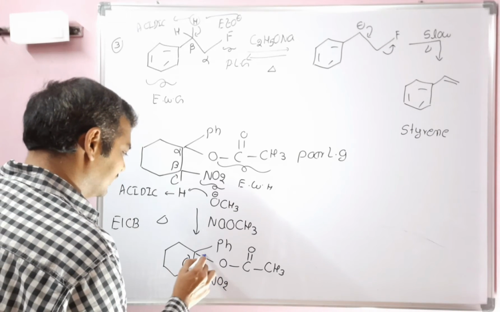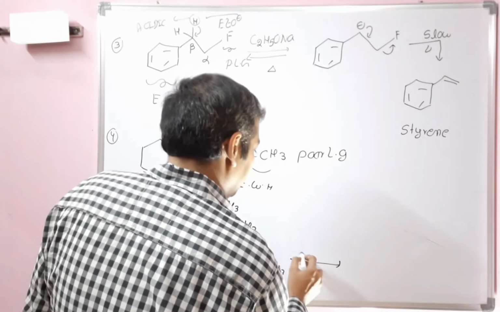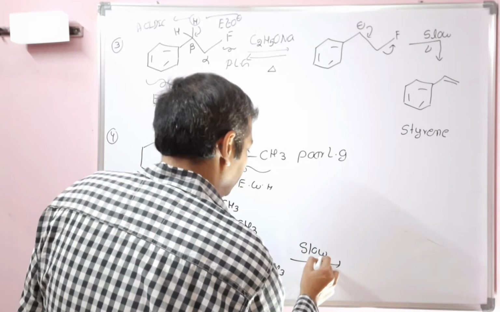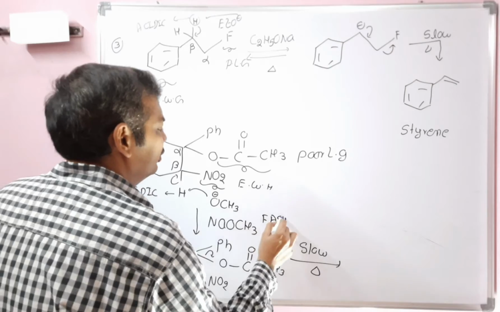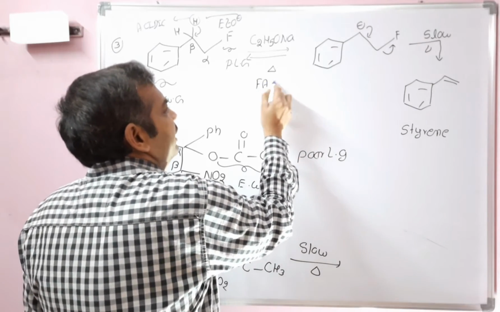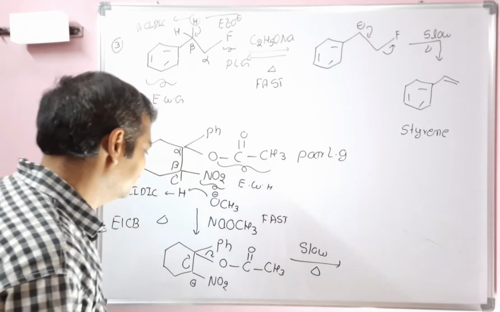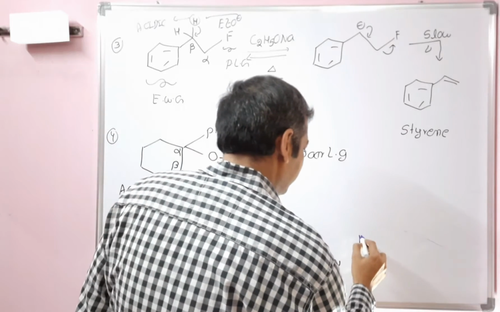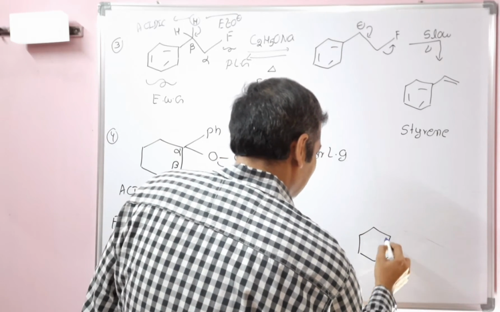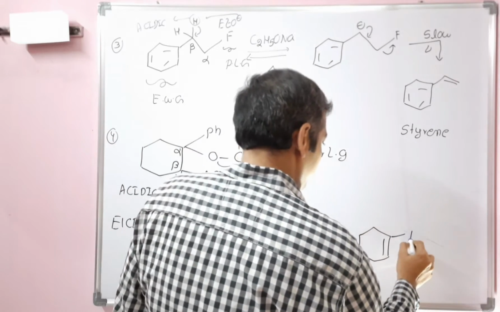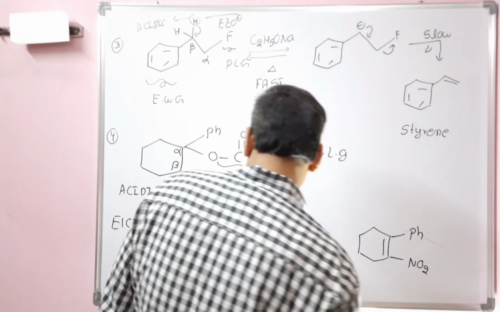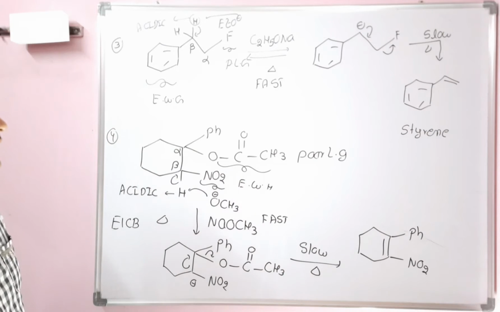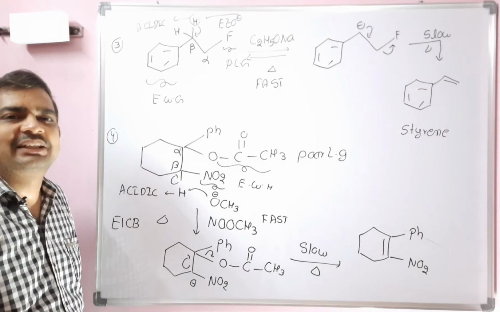In the second step, expulsion of the leaving group at high temperature is the slow, rate determining step, whereas the first step is the fast step. So expulsion of the leaving group will give cyclohexene as the product. 1-nitro-2-phenyl cyclohexene is obtained. Clear? Next example.